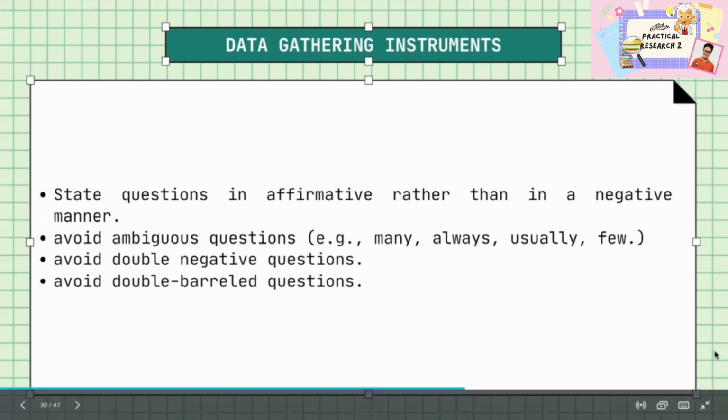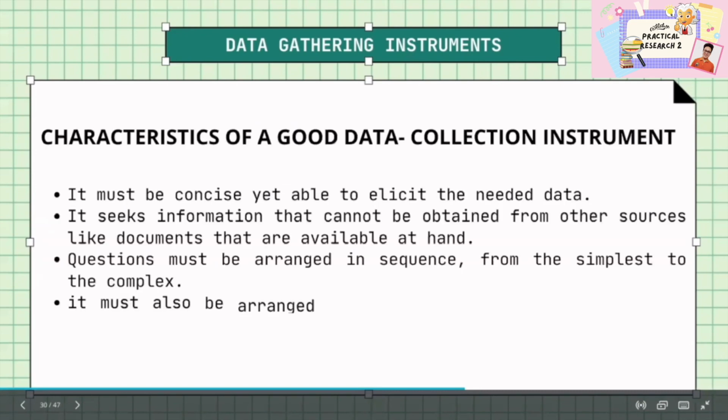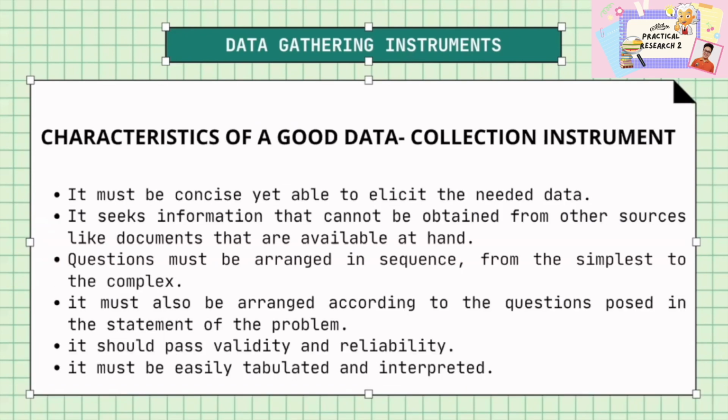Next, what are the characteristics of a good data collection instrument? First, it must be concise, yet able to elicit the needed data. Actually, you should avoid making more than 5 pages of questionnaire.